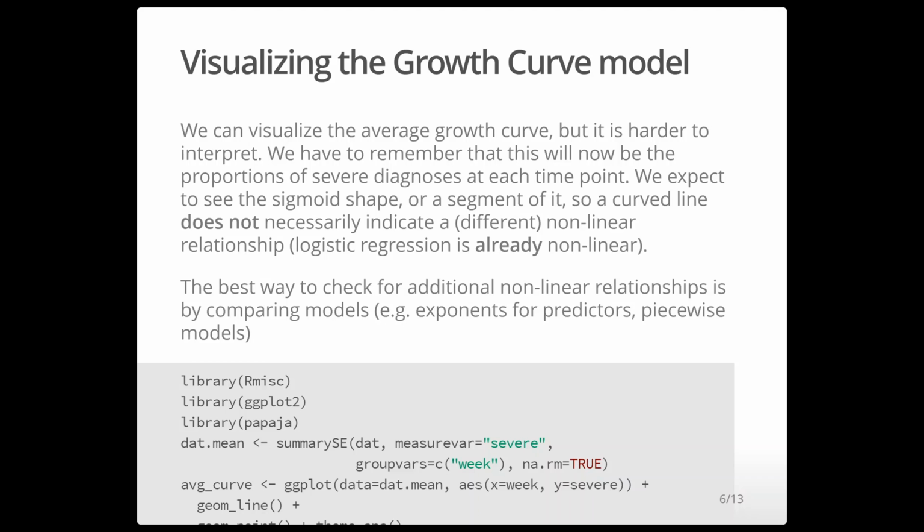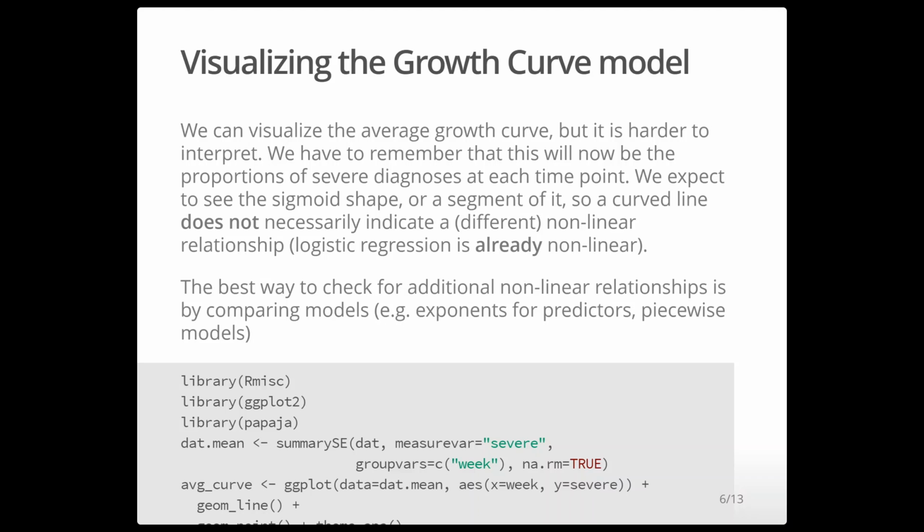The issue here is that we have to remember that these are now proportions of severe diagnosis at each time point, and this means we don't necessarily expect this to either be linear or curved to determine how we specify our model. We actually expect this to be curved. We expect it to either be the S sigmoid shape or the reverse S sigmoid shape or a segment of an S sigmoid shape because our model is already nonlinear by virtue of us doing a logistic model rather than a standard linear model.